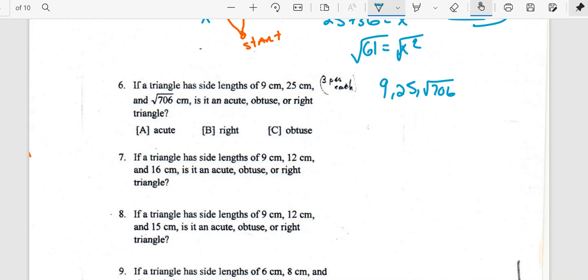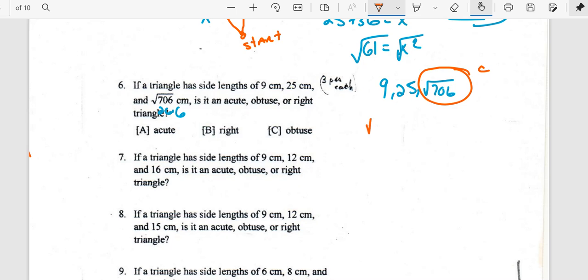See what it ends up being. Square root of 706 is 26.6. So because it's 26.6, that means the 706 value is the C value. It's the biggest side.